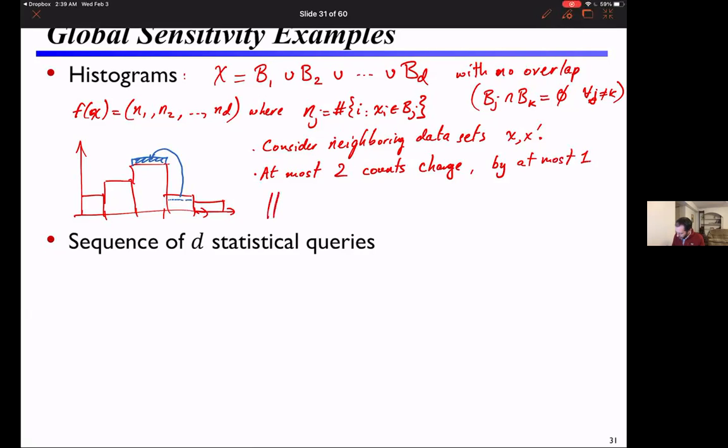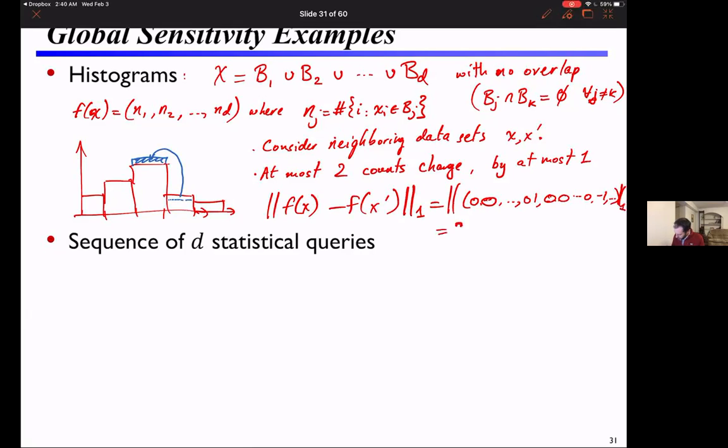So if I look at the L1 norm of the histogram on X minus the histogram on X prime, that vector is going to be a bunch of zeros followed by a 1, and then more zeros, and then maybe a -1, and then more zeros.